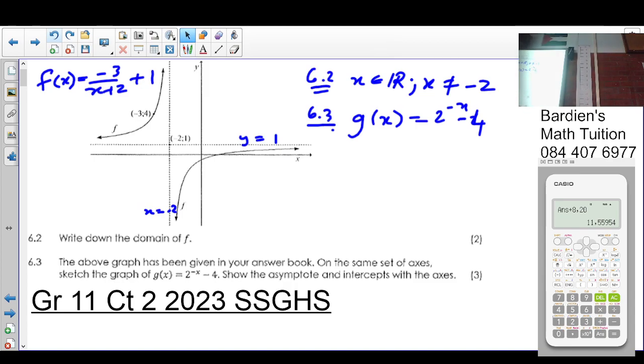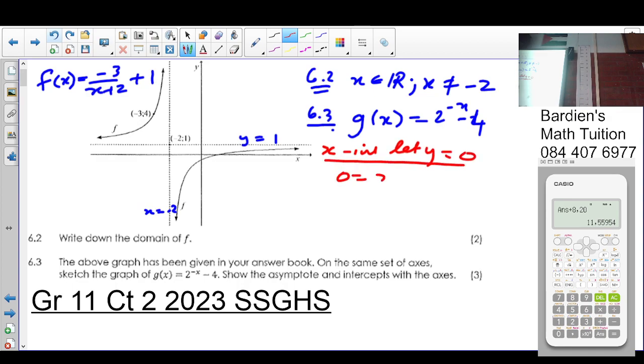So what do we do here, people? For the x-intercept, what do we do? We let y equal to 0. So we have 0 is equal to 2 to the minus x minus 4. The 4 goes over, which is 2 squared. Therefore minus x is equal to 2, so x is equal to -2. So it's going to be on this point here.